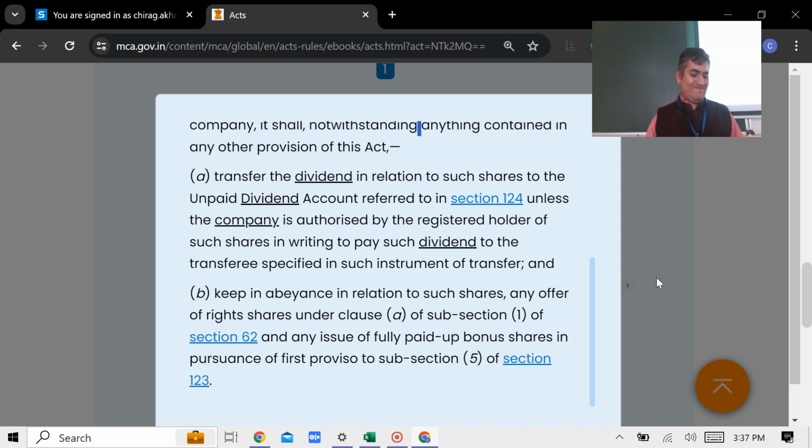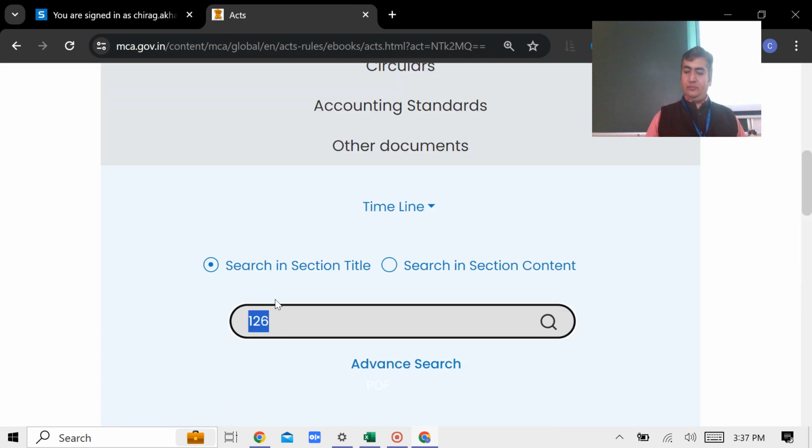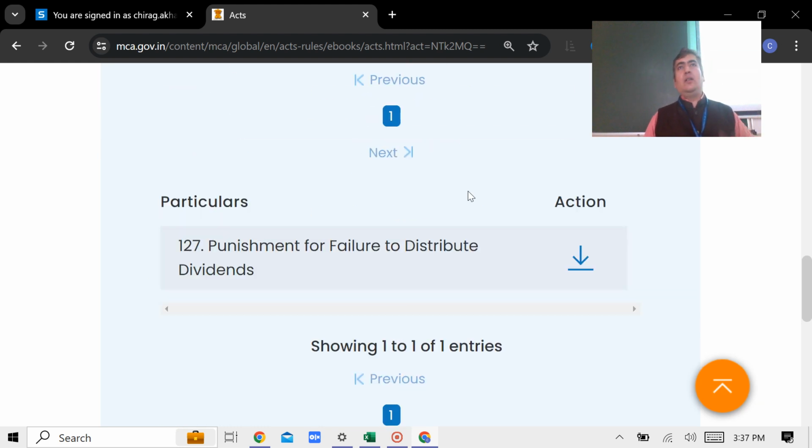Okay. Now, what is 127? Nothing but punishment if you don't follow 123. And 123 is nothing but the payment and declaration of the dividend. So it is trying to say that the dividend was declared but not paid. Then what's the punishment?